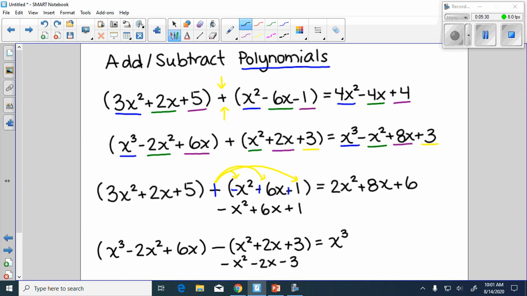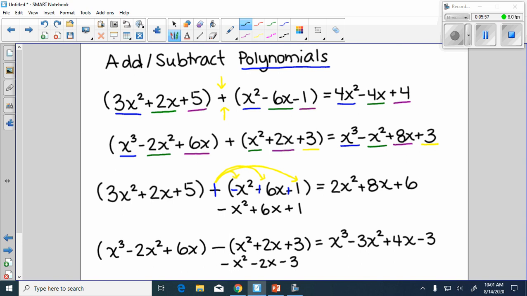Remember the x cubed didn't have anything like it. Changing signs doesn't make anything alike. But now I have negative 2x squared minus 1 more, which is negative 3x squared. I have 6x minus 2x, which is a positive 4x. And I have a negative 3 instead of a positive 3 now.